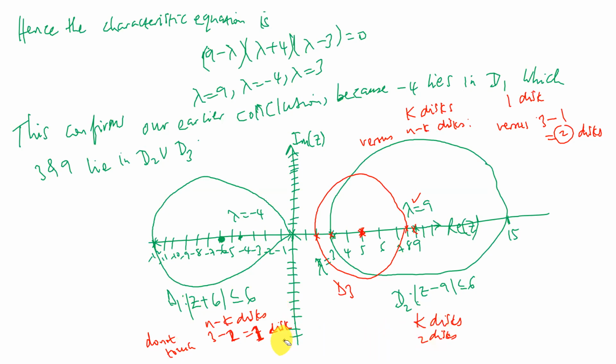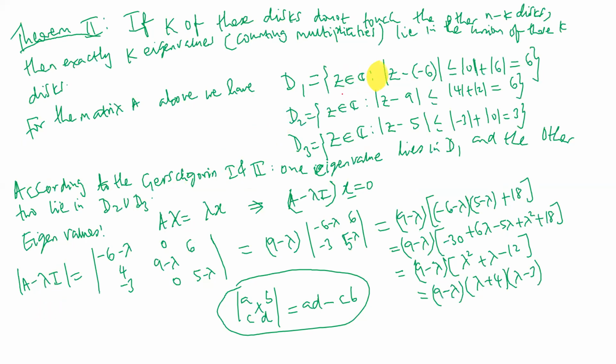If 2 disks do not touch the 1 disk, then according to that theorem, it implies that exactly k eigenvalues, in this case 2 eigenvalues because we're looking at those 2 disks that do not touch the 1 disk. So 2 eigenvalues counting multiplicities lie in the union of those disks. Because the union is big, it contains more eigenvalues.